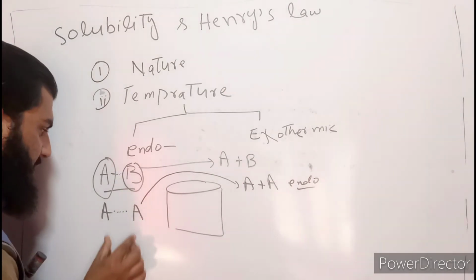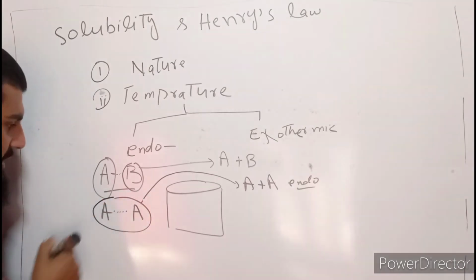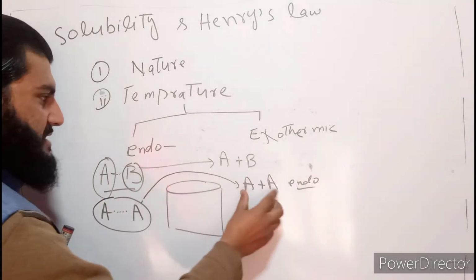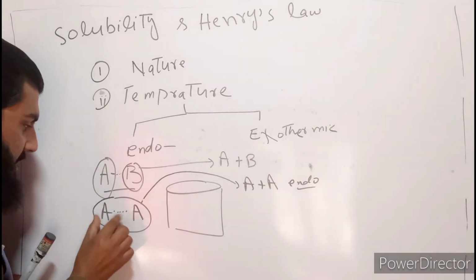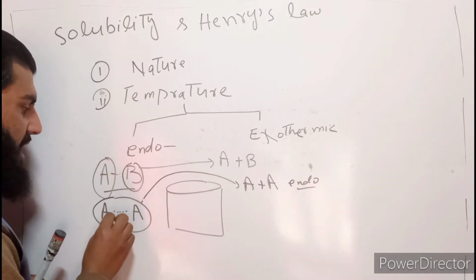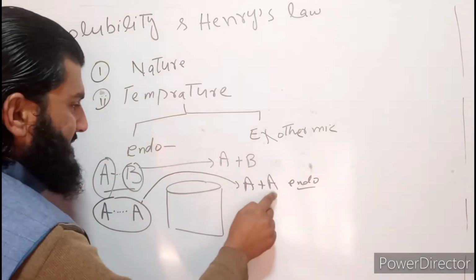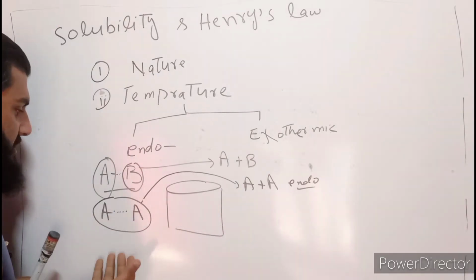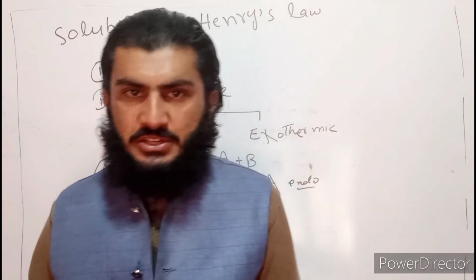then upon heating these molecules, clear? Upon heating, the molecules will favor the solubility to form A and A. And if the AA attraction breaking, or the solubility of AA to form A plus A in that solvent is exothermic, upon heating this substance, its solubility will be decreased.